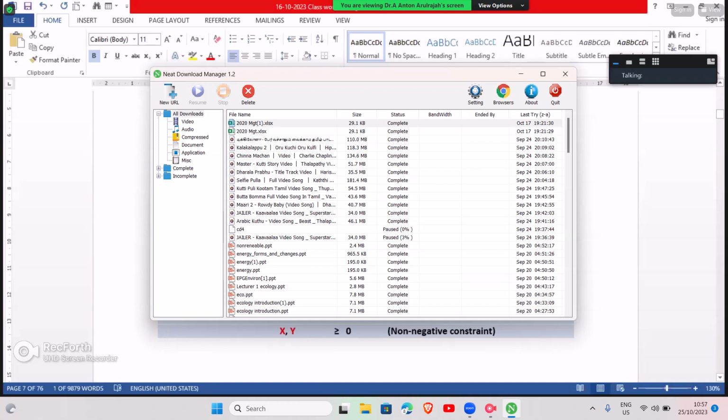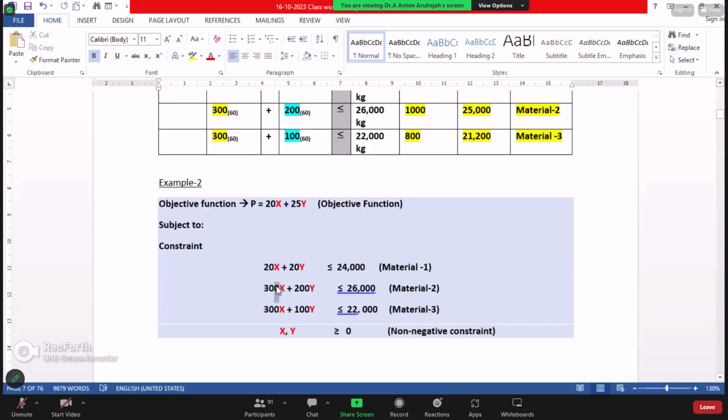This is 20, right? This is 20. This is also 20. This is 30. This is also 30. And this is 30. And this is 10. Okay, say about this is profit 25.